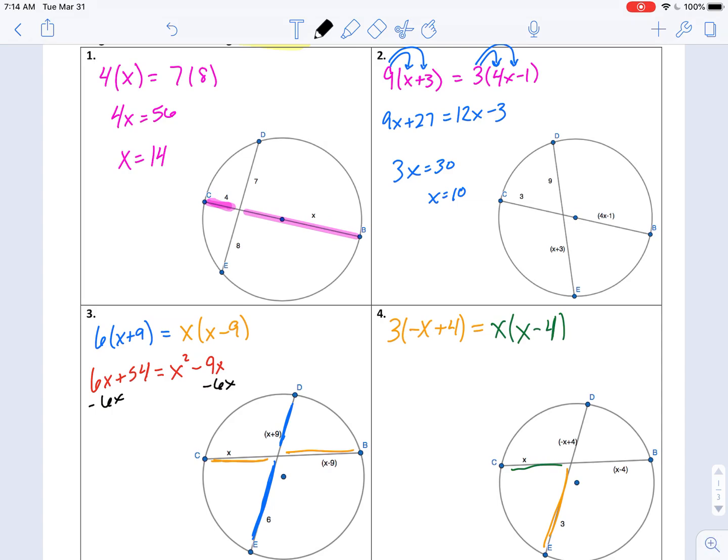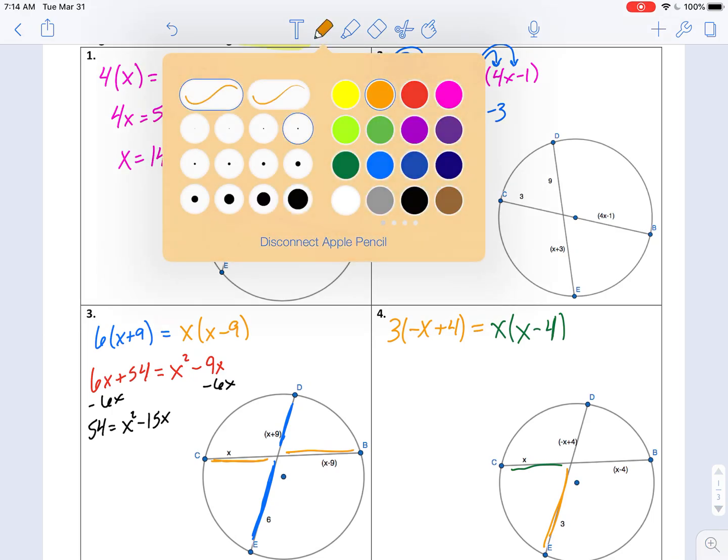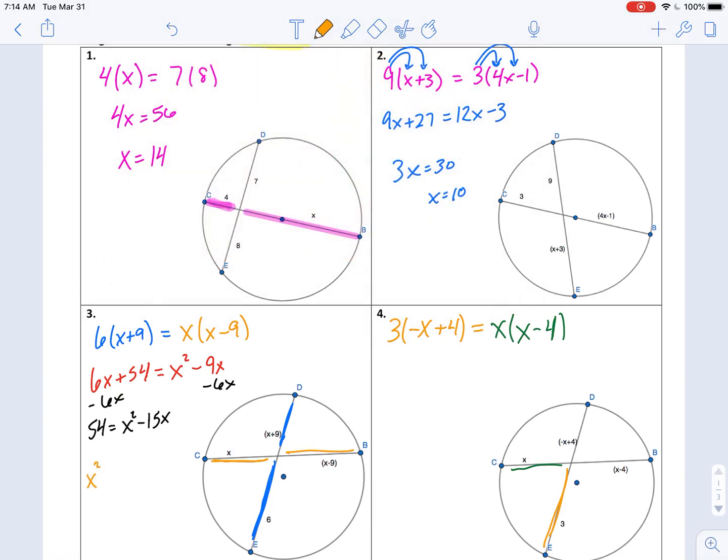And what we're going to do then is we'll have to subtract 6x. So 54 equals x squared minus 15x. And then I'll just have to subtract the 54 to get it over to the other side. So my final format here, I'm going to have x squared minus 15x minus 54 equals 0.